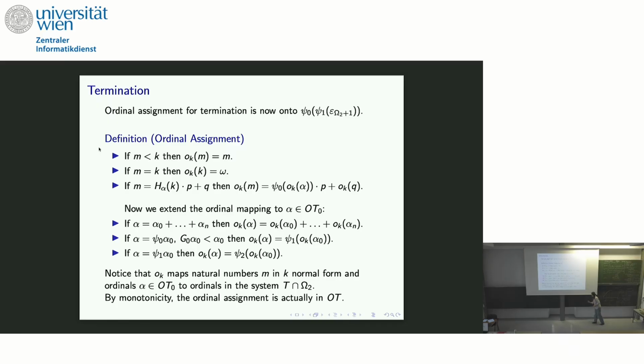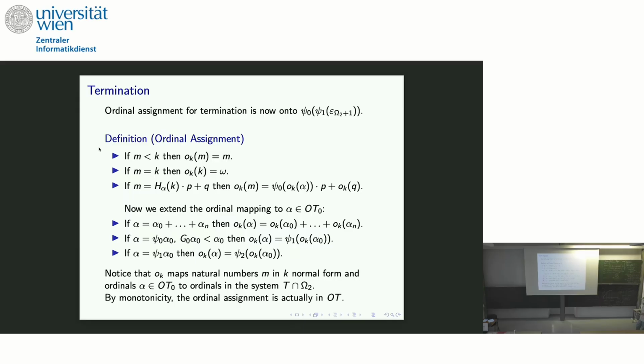And psi 1... So this is what the ordinal assignment is doing. P still remains a constant, so I don't change it. And the two second lines are the extension of the ordinal mappings.